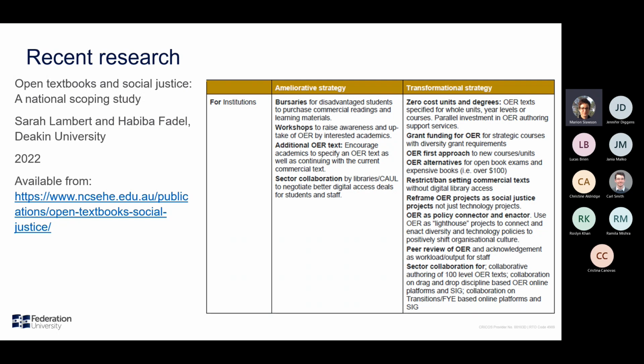This very recent research talked about the adoption of open textbooks and how it impacts on social justice, with some particular recommendations for institutions to help the adoption of open education practices.